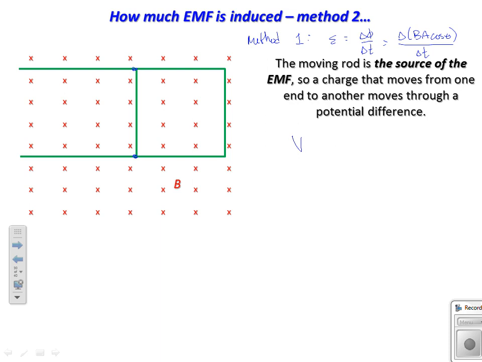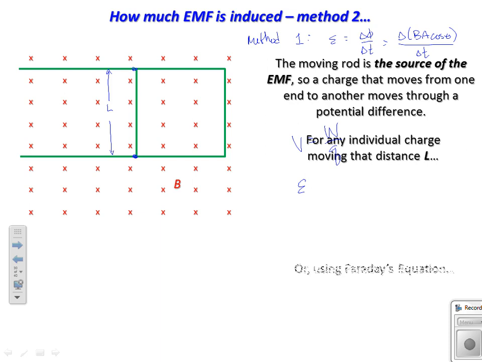And that potential difference is equal to the amount of work required per unit charge to move it that length L. So we say that V is work per unit charge. That really means that EMF is work per unit charge. Well, the work is force times distance, so I'm going to call that F times L over Q.